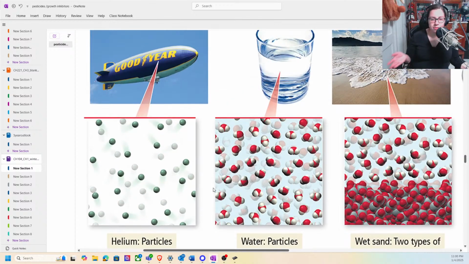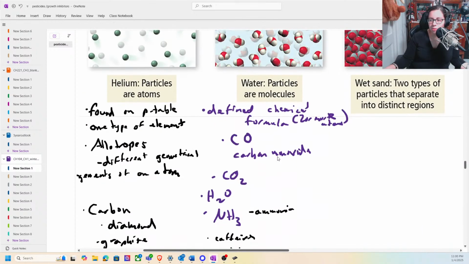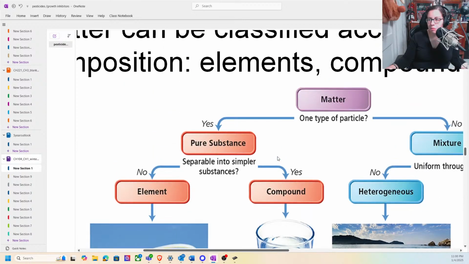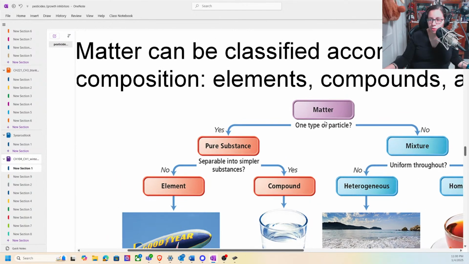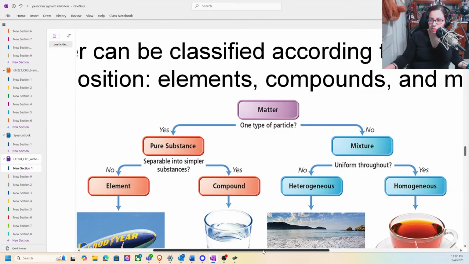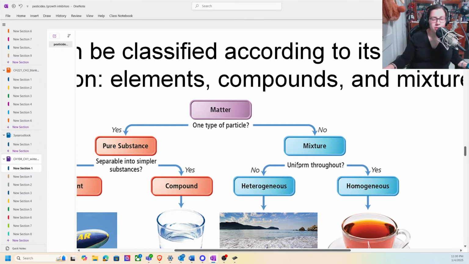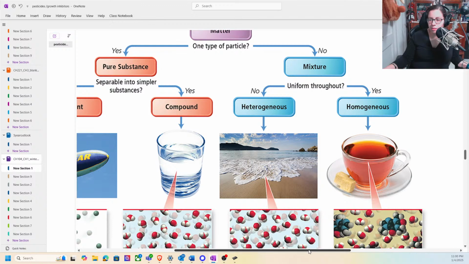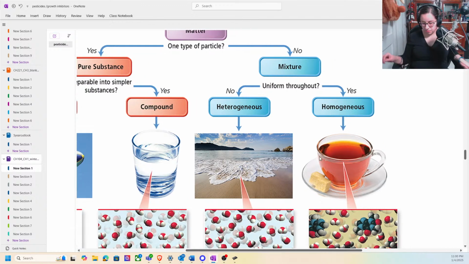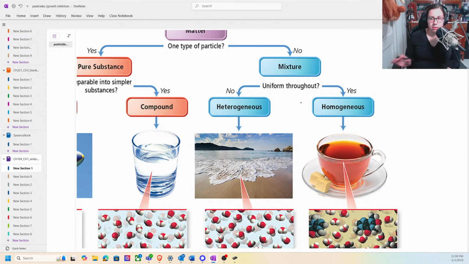And so now let's compare this. Okay, so we said this was a defined chemical formula. Well, what if it's more than one type of particle? What is a mixture? Let's look at some mixtures and what that means, and again, compare them. First of all, let's make this distinction before we get into mixtures versus compounds.